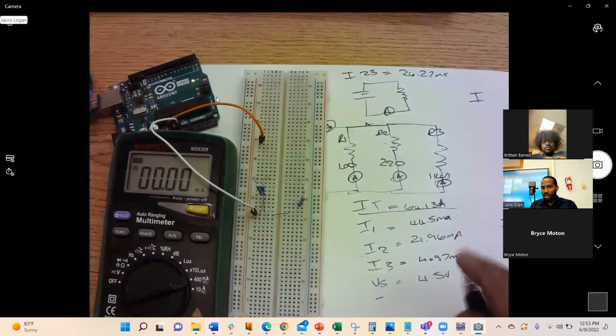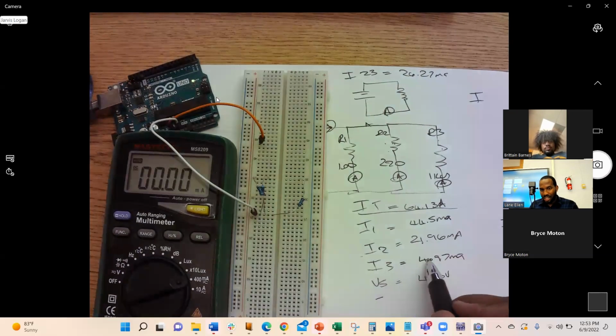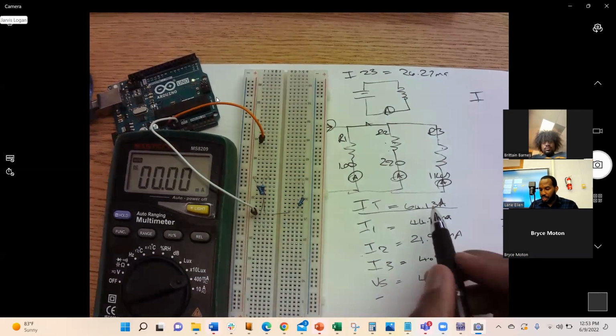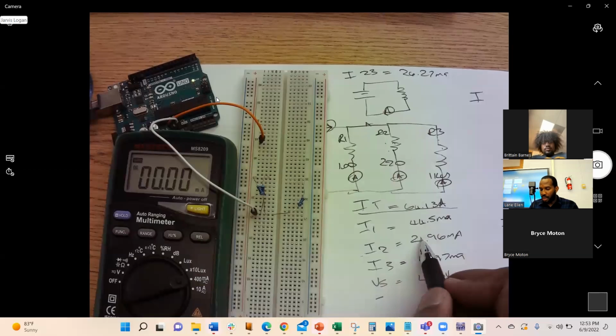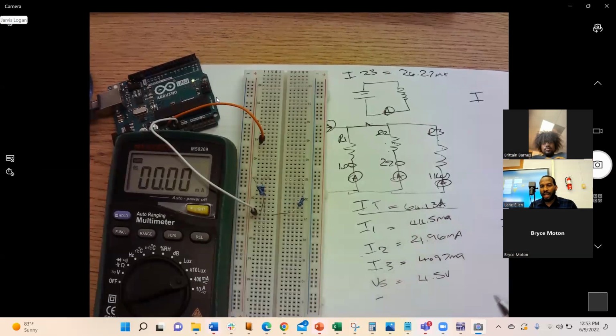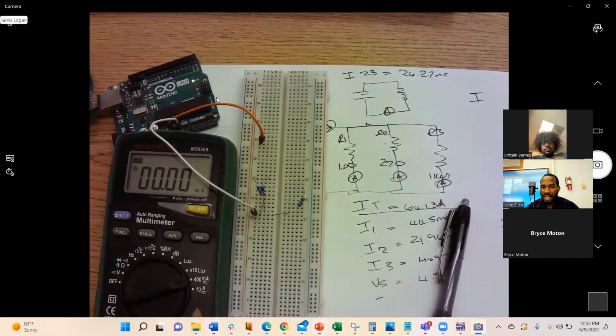Again, you see it's going to be this one plus this one, right? So again, if we add I1, I2, and I3, we're going to get about 64 milliamps. And this is what the lab wanted you to see, right? That you obtain the same results from analysis, simulation, and measurement.